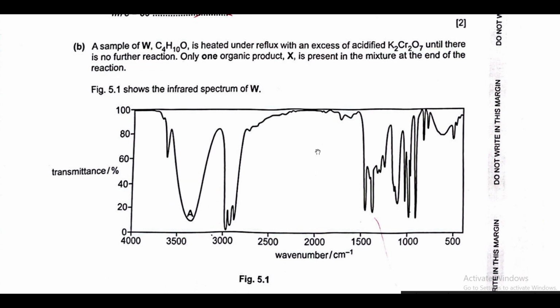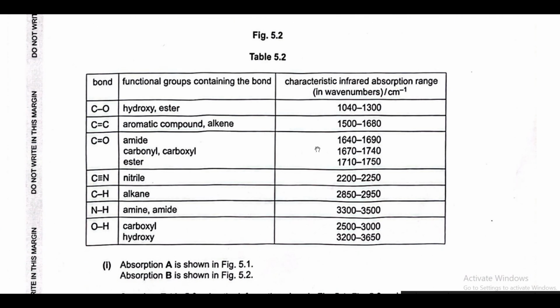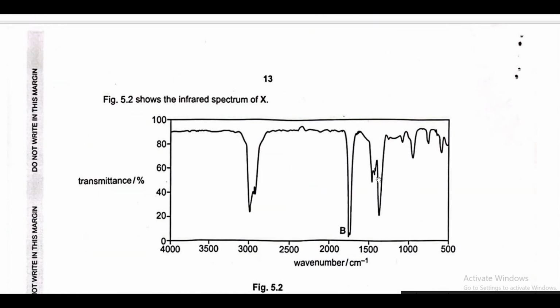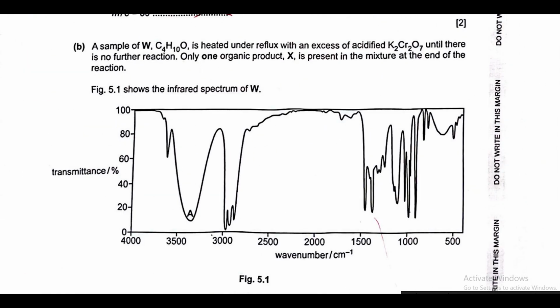From the table, for an alcohol hydroxyl group, 3200 to 3650 wavenumber, there is a broad peak here. So A is the alcohol peak.